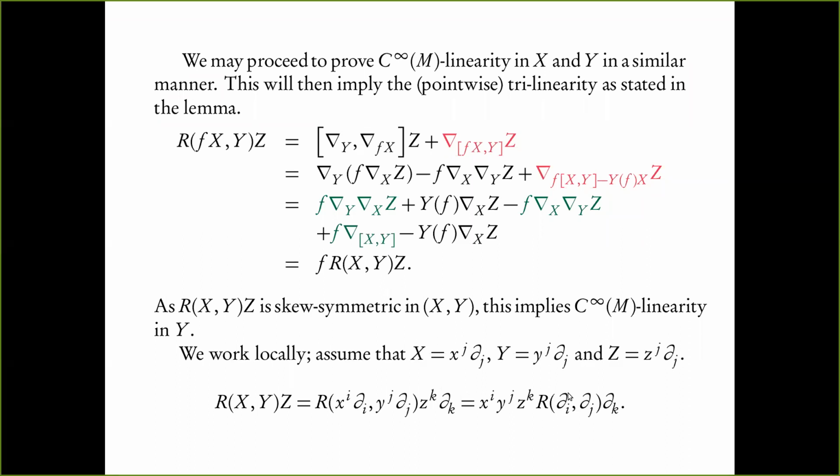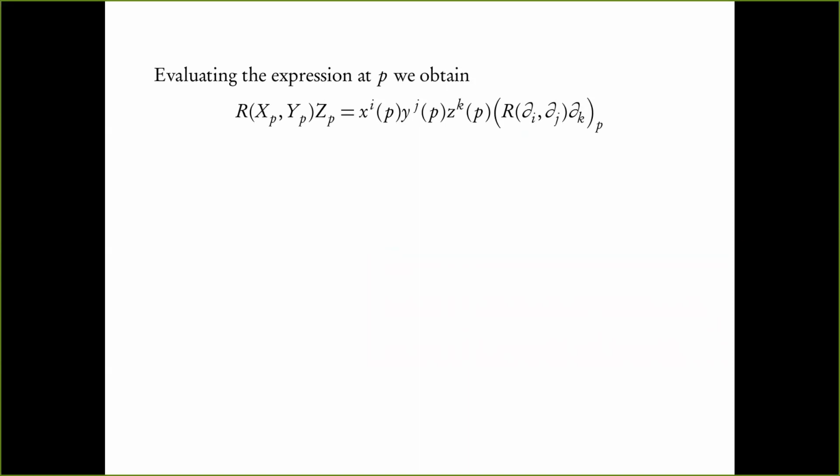So what we want to do now is see what happens if I evaluate this at a point. What should happen? Well, it should be X^i at p, Y^j at p, Z^k at p, and then whatever this quantity is at p. That's what you should get, right? Yeah, so if you evaluate the expression at p, what you get is precisely what I just said.